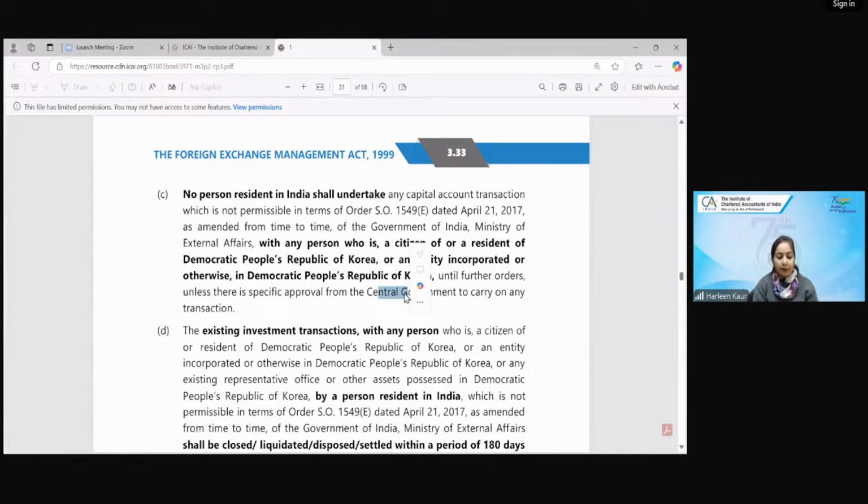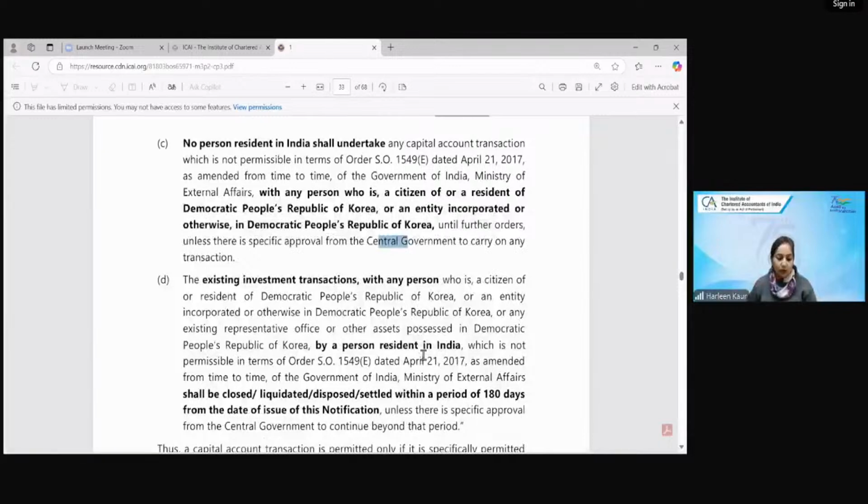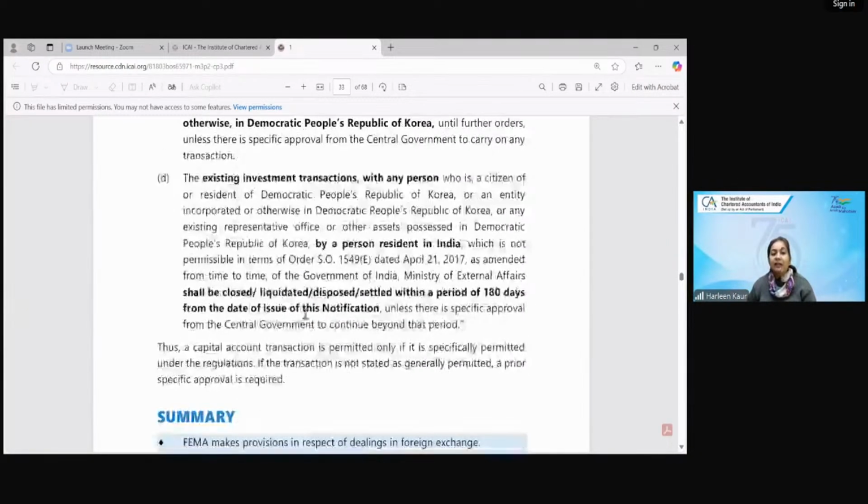If you have not taken the approval from the central government, you cannot carry out such transactions. And the last point is existing investments with any person of the Republic of Korea, which are not permissible, shall be closed, liquidated, disposed of and settled within 180 days from the date of notification.